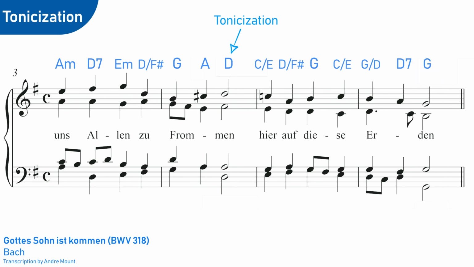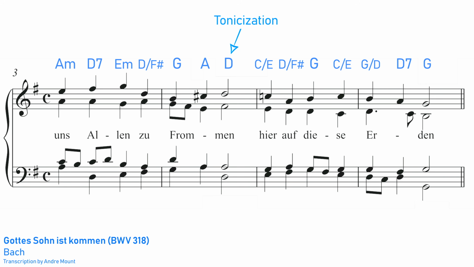Tonicizations are achieved by using a secondary dominant chord. We mentioned before that the dominant chord is the fifth chord of the key, while the secondary dominant is the fifth chord of one of the other chords in the key. So to achieve his tonicization here, Bach has used the dominant chord of the D major chord, the fifth chord of D major, which is A major. So by using it here, he temporarily treats the D chord like the tonic.